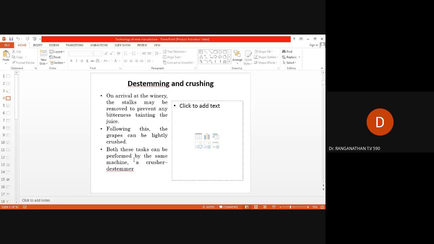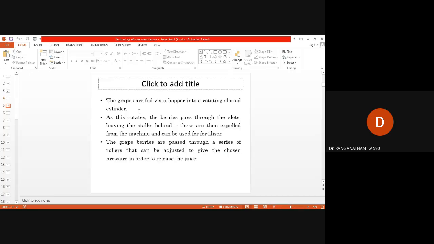Conventionally, once upon a time, particularly in the European countries, this crushing was made into a sort of big mega event where people use their feet to stomp on the grapes to crush them. So that is also there. Fine. So the grapes are then fed by a hopper into a rotating slotted cylinder.